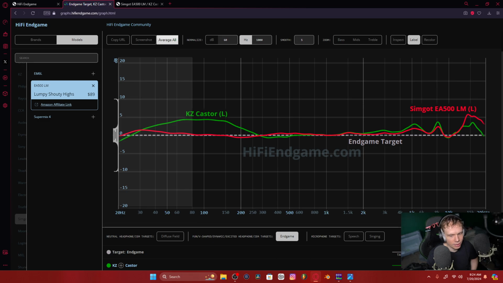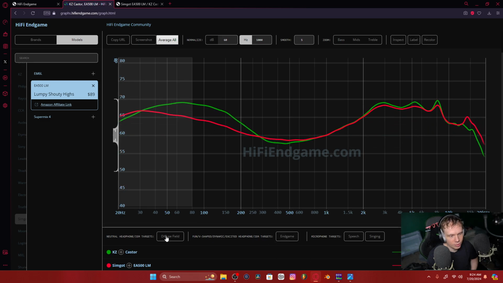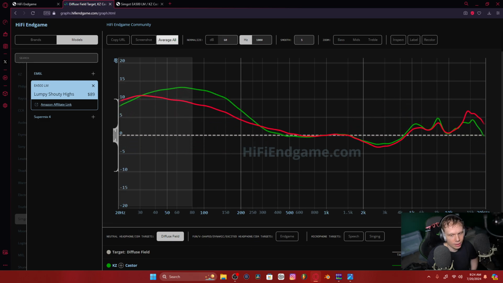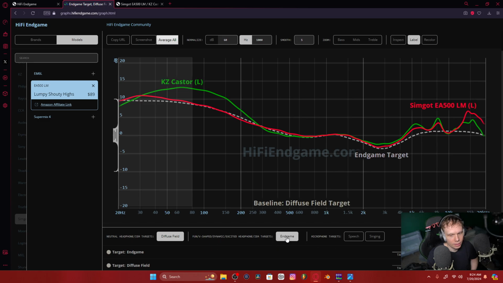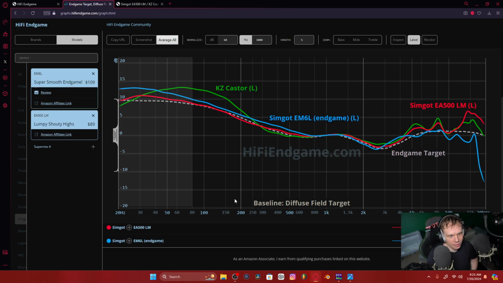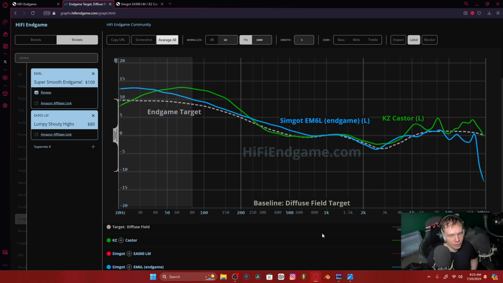When I look at my target, I typically like to start off with diffuse field and then flatten diffuse field, lock it into place, make it invisible, and then bring in the target, so we can see that both of these have problems. And we can bring in the EM6L and see that the EM6L follows my target a bit better than all of these.